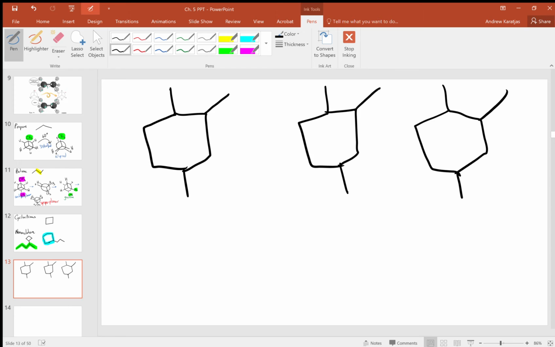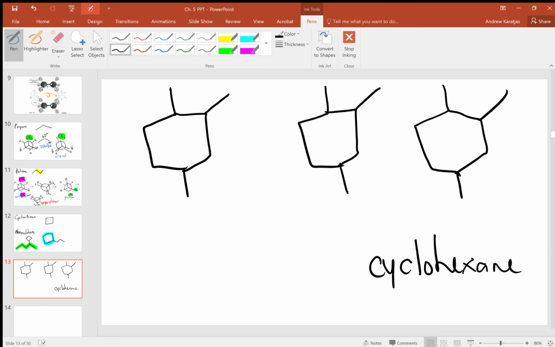So the first thing we need is the parent name. And we can see the ring here has 6 carbons. So we know 6 carbons is hexane, but because they're in a ring, we're going to call this cyclohexane. So that part's pretty straightforward.